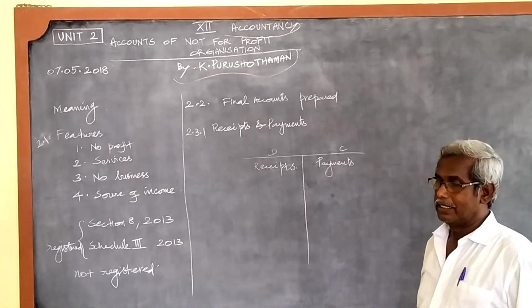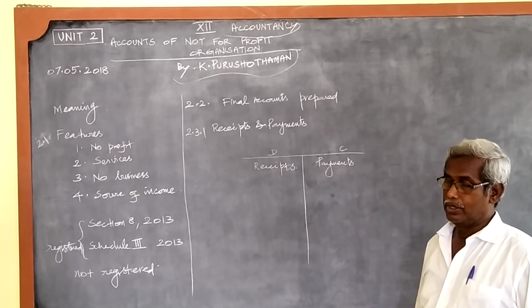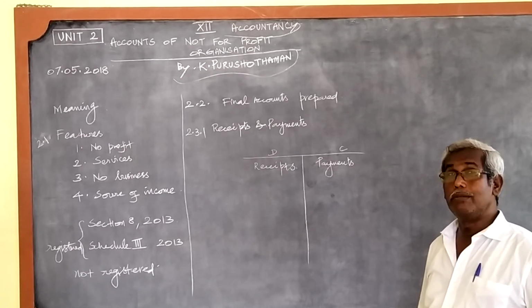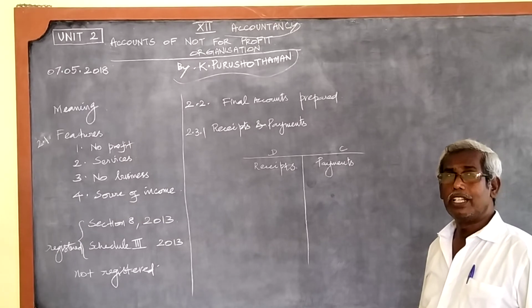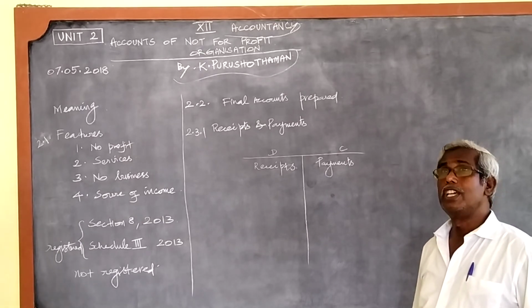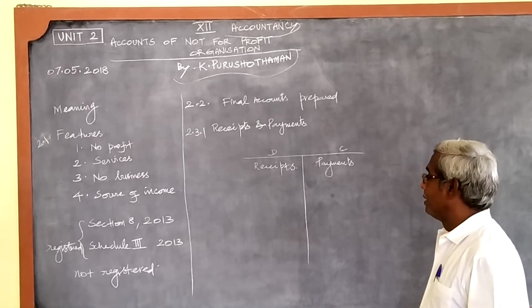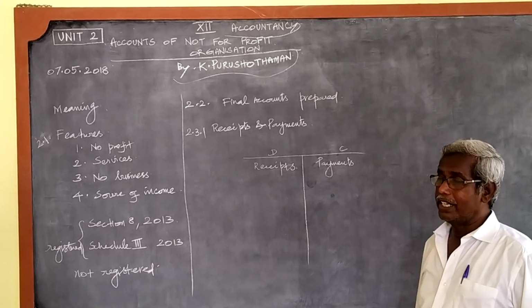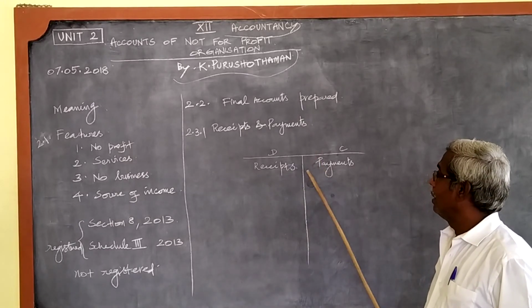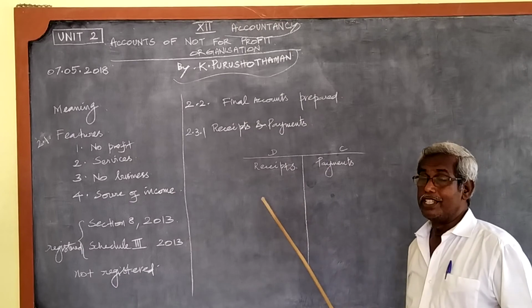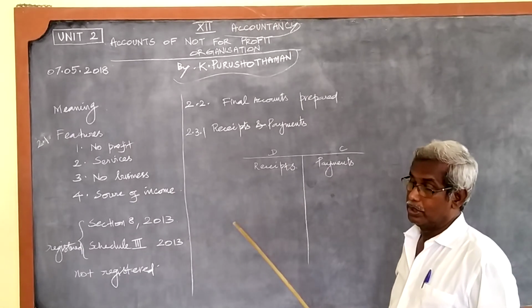They are called non-cash items. Depreciation, outstanding expenses, and accrued income are not at all appearing under the receipts and payments account.